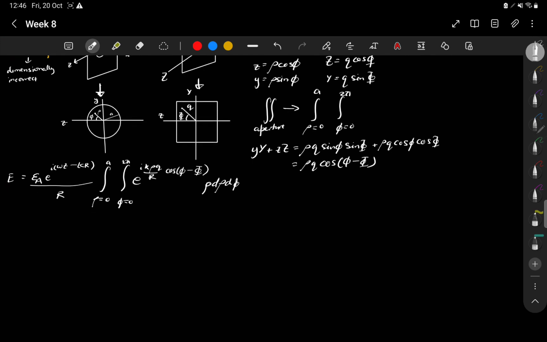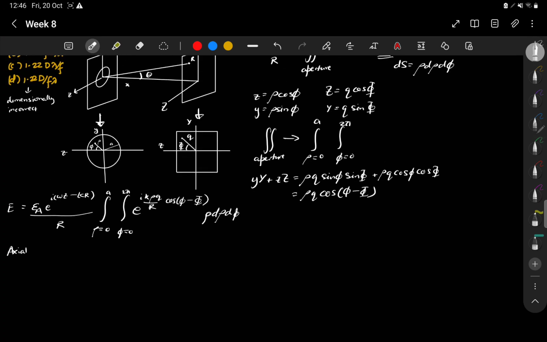So because of this, the aperture is axially symmetric, and we can set capital phi equals 0 and study only that particular direction without any loss of generality, because no matter what my value of capital phi would be, the distribution would be the same because of this axial symmetry.